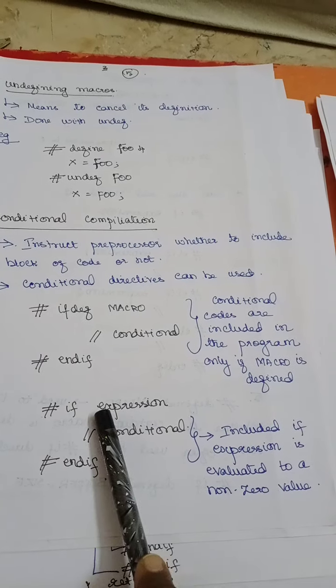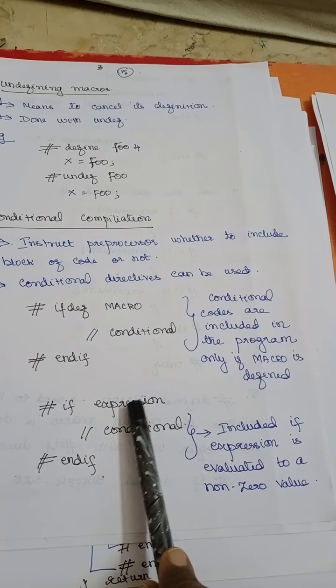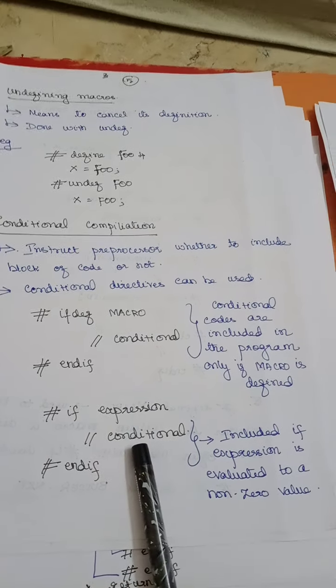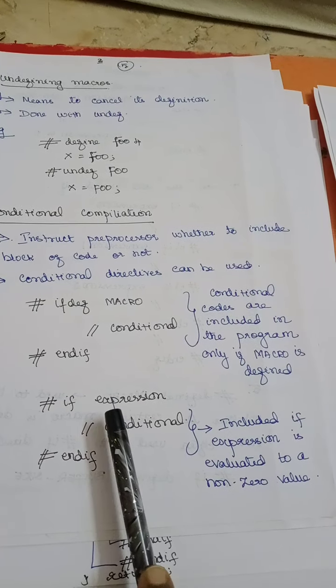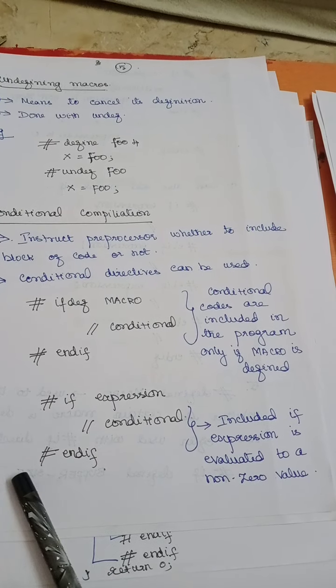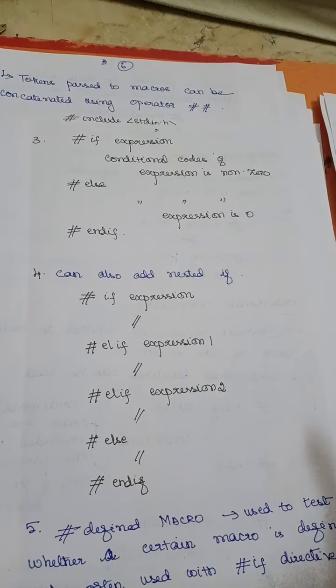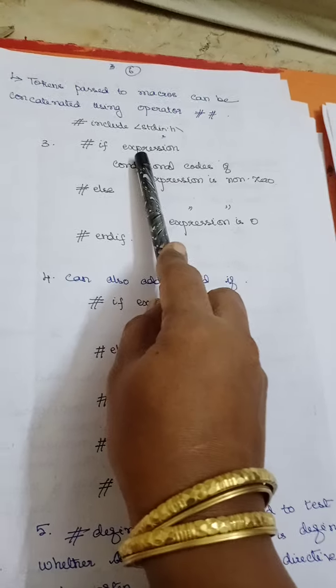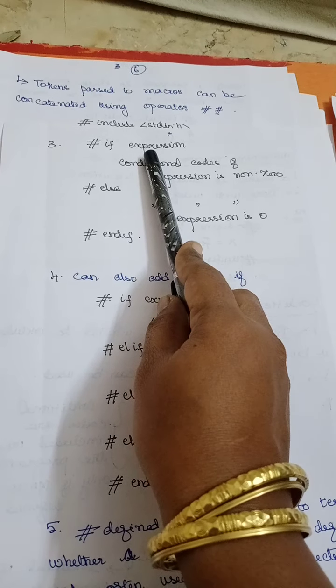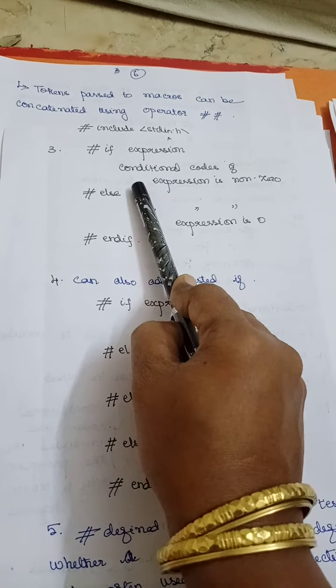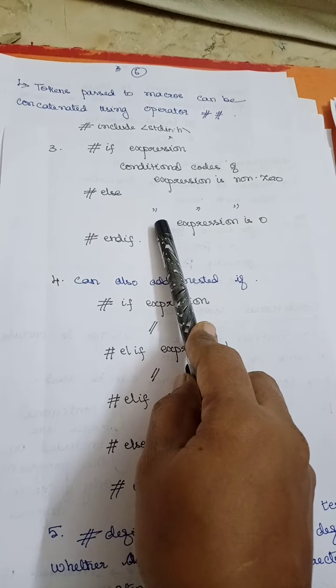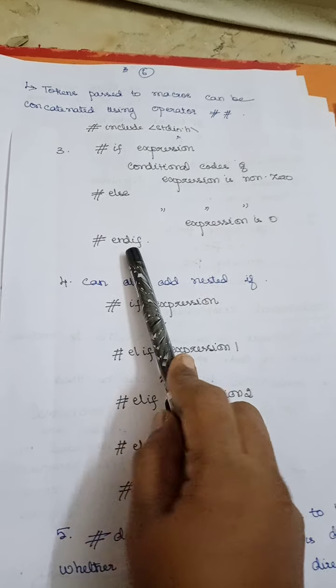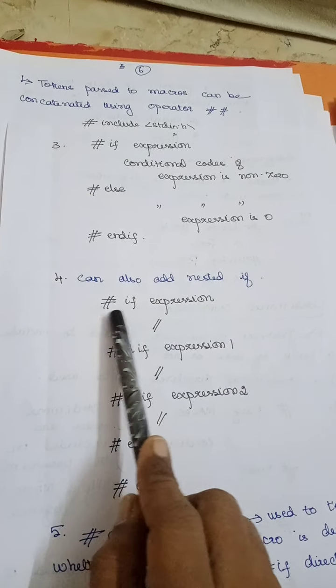Here, if this expression evaluates to a non-zero value, then this part will be included in the program, else it will not be included, right? Similarly, you have if else endif. Here also, if the condition evaluates to a non-zero value, then this part will be executed, else this part will be executed, and it is endif. And I can also have nested if.